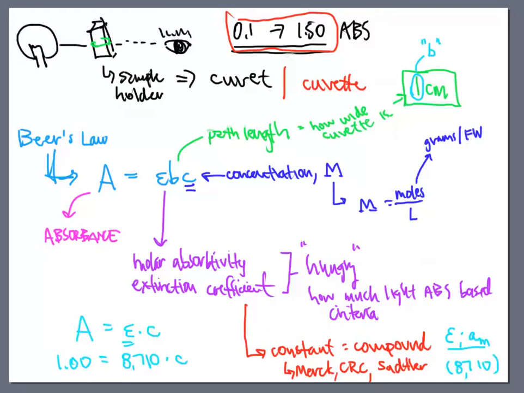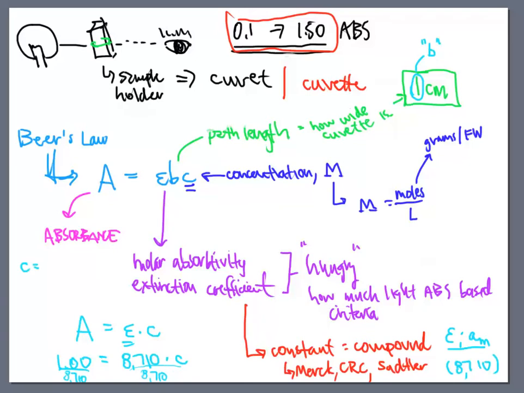So what I do is that I solve for the variable. I solve for C, right? So this is 8,710 times C. The rules of math say you do the opposite of. So if this is times C, I'm going to divide. What do I divide by? What I want to get rid of. 8,710. So I divide each side by 8,710. And that gives me C, which is the concentration that I need to be making.